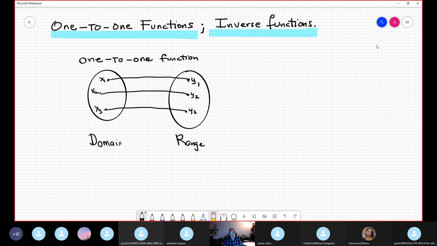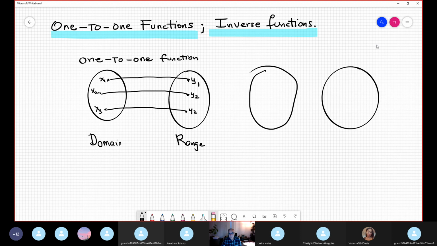We have another possibility. Domain and range. Another possibility in which, for example, you have several values x1, x2, x3, and you assign this to the same value y1, and maybe this one to y2.